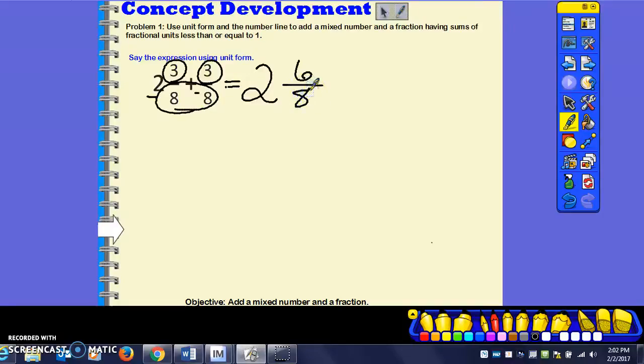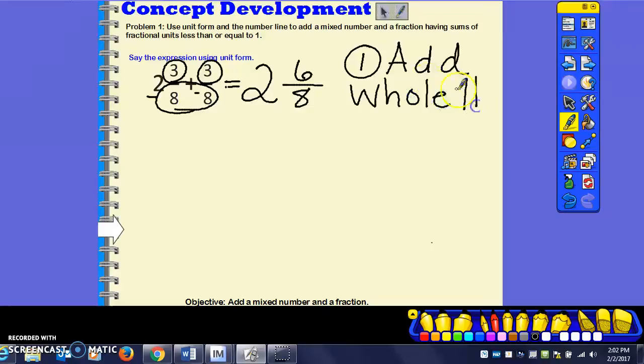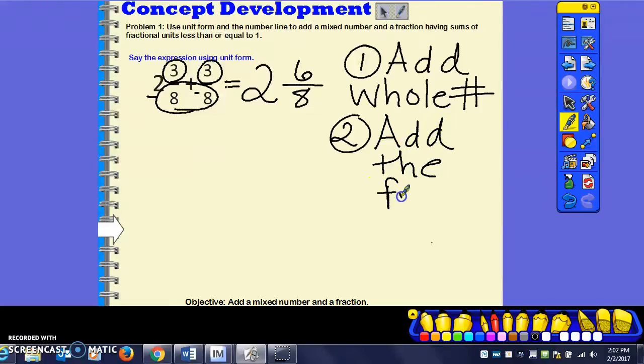So that's 2 6/8. So all we did was first add the whole numbers, and then second, we want to add the fraction. Okay, and I want to check to see if it's an improper fraction, but it's not. 6/8 is not an improper fraction. Let's try another one.